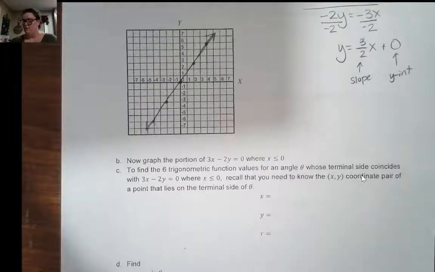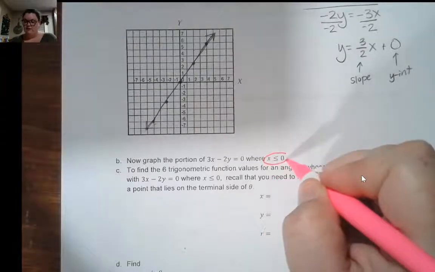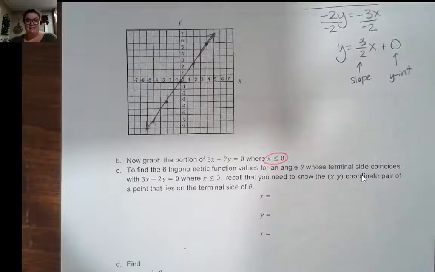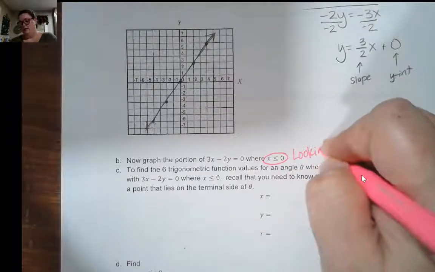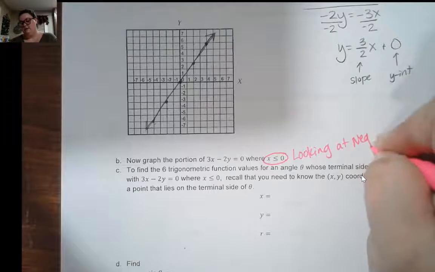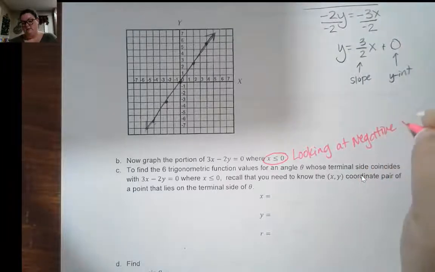Okay, so now it says, now graph the portion of this line where x is less than or equal to 0. So when we're looking at x is less than or equal to 0, that means my x's have to be negatives, right? For them to be smaller than 0, they need to be negatives. So I'm just going to say, looking at negative x's.